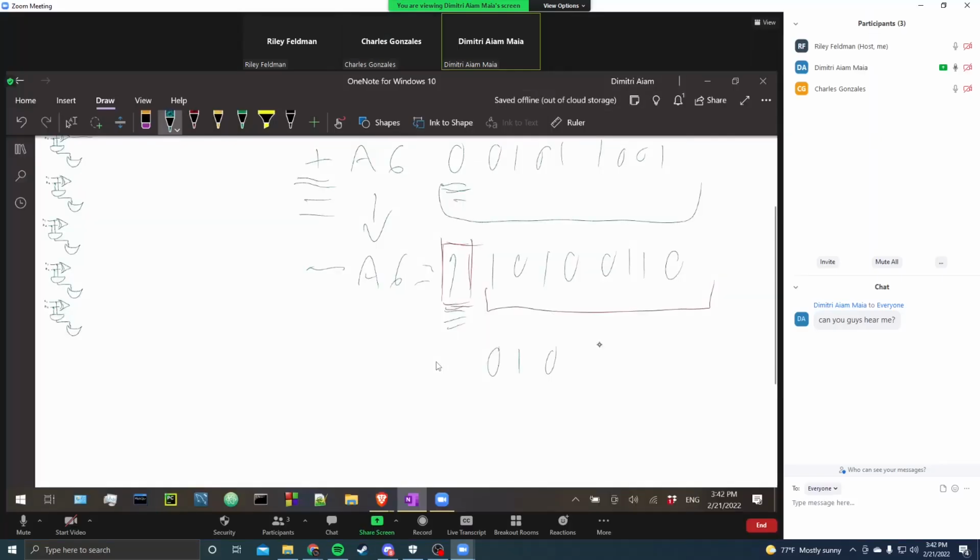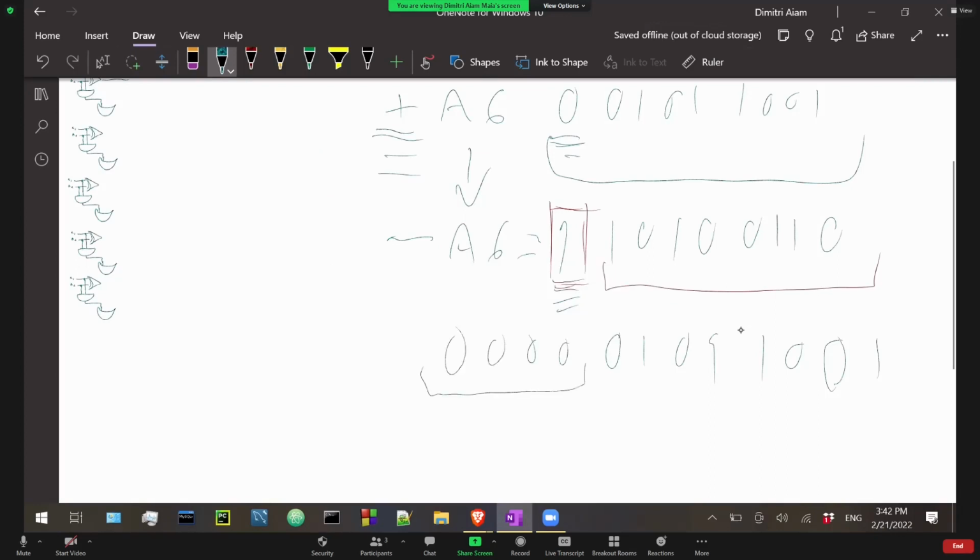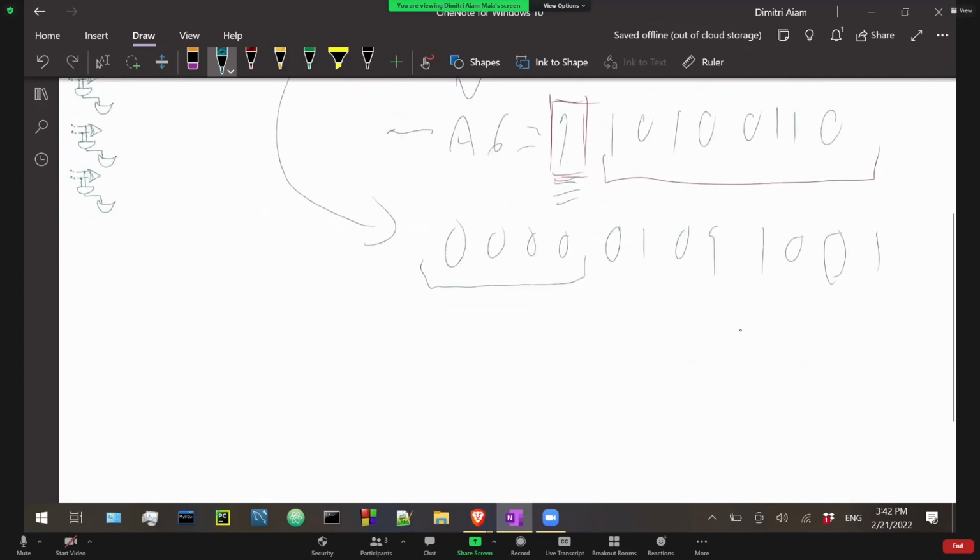0, 1, 0, 1, 1, 0, 1. And then you could add 0, 0, 0, 0, and this entire thing is the sign. And then when you flip, it becomes 1, 1, 1, 1, to remind you that it's negative. Then 1, 0, 1, 0, 0, 1, 1, 0.